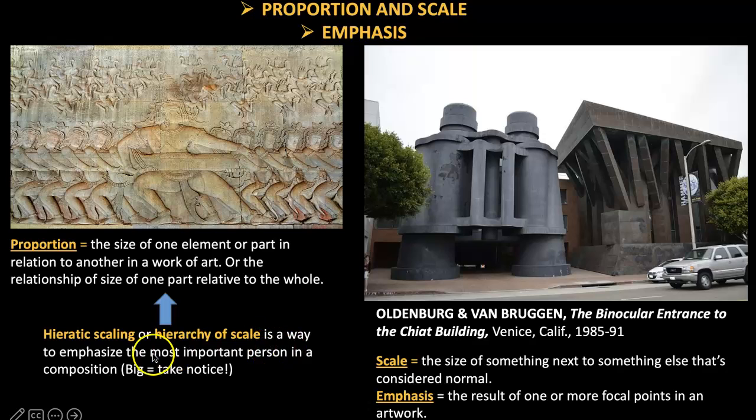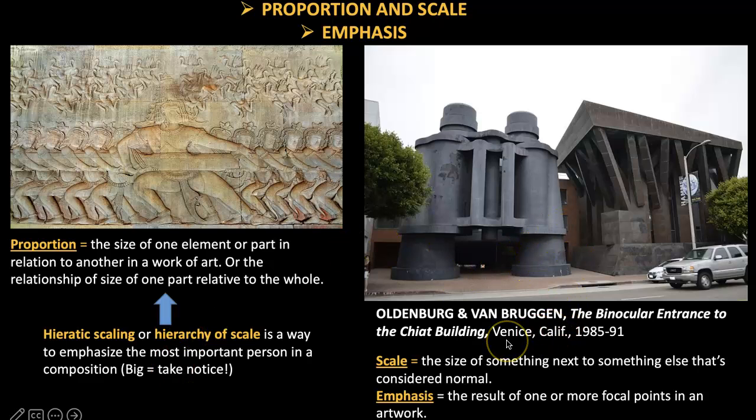It's a way to emphasize the most important person in a composition. If they're big, take notice of them. This is a common way to emphasize people of importance, whether it's an Egyptian pharaoh, the Virgin Mary, or an example of modern art with an emphasis on a political message, for instance.